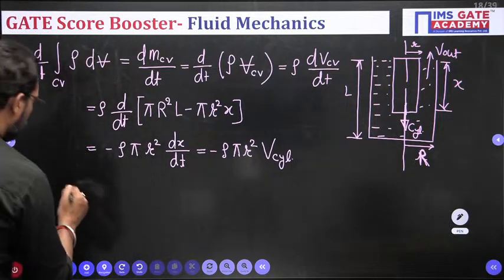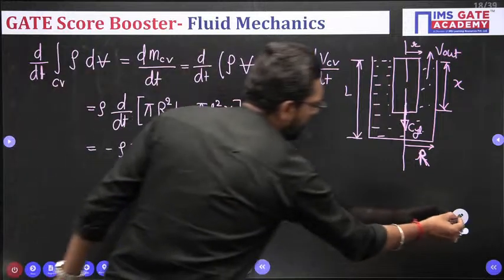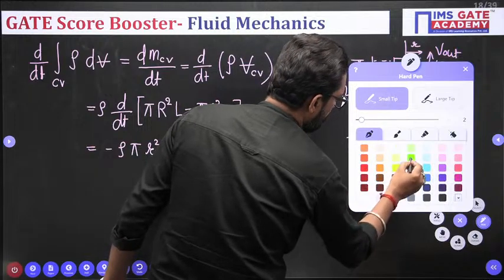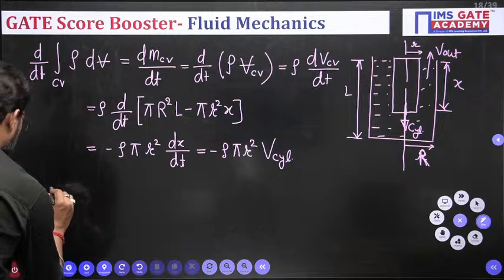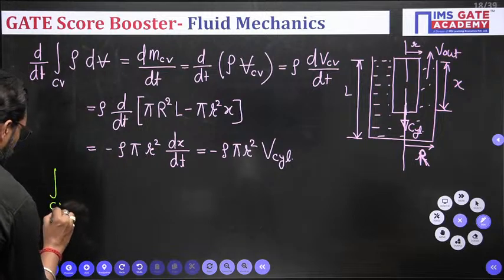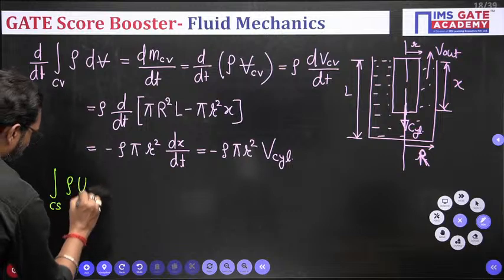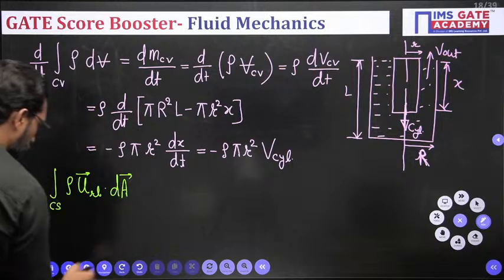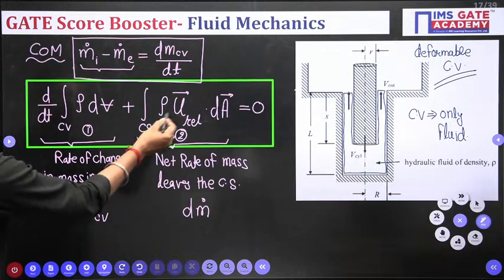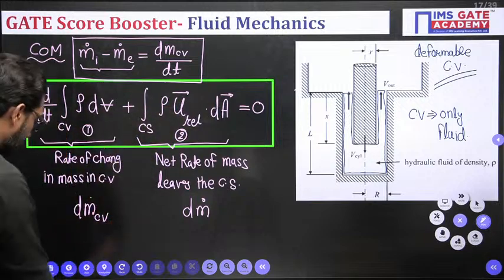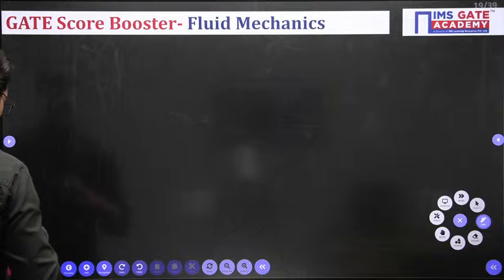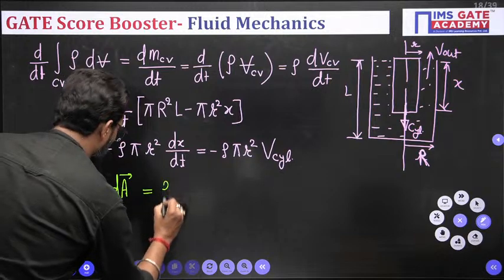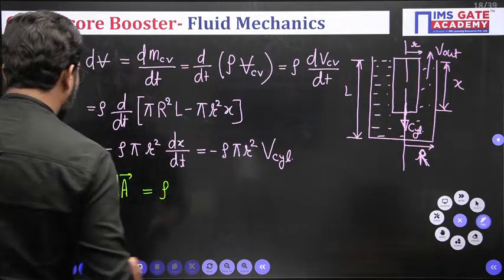Now what is the second one? The second one is the control surface integral of rho times relative velocity into dA. Yes or not? What is the relative velocity?